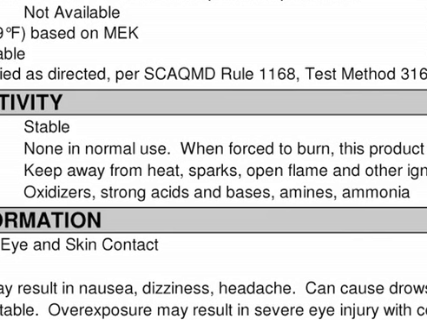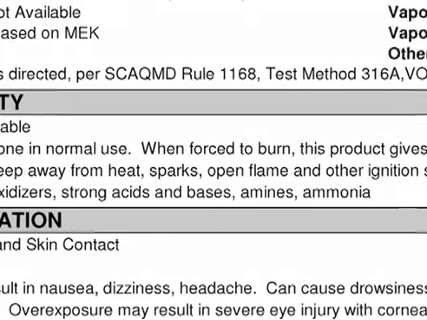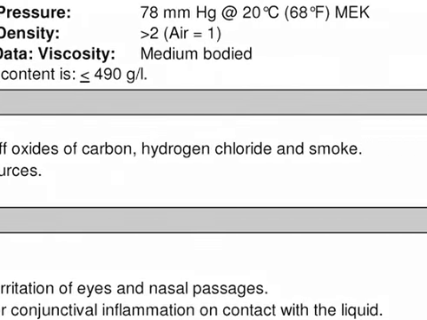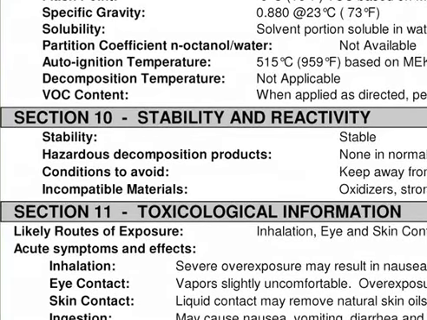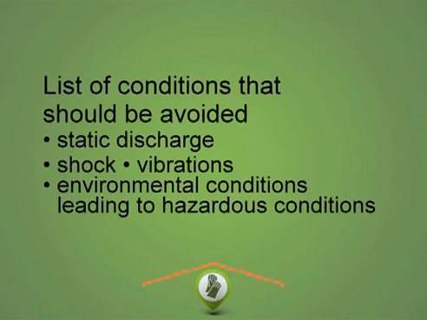Other information included in Section 10 could include an indication of the possibility of hazardous reactions, including a statement of whether the chemical will react or polymerize, which could release excess pressure or heat or create other hazardous conditions. If this reaction is possible, then a description of the conditions under which hazardous reactions may occur must be included.